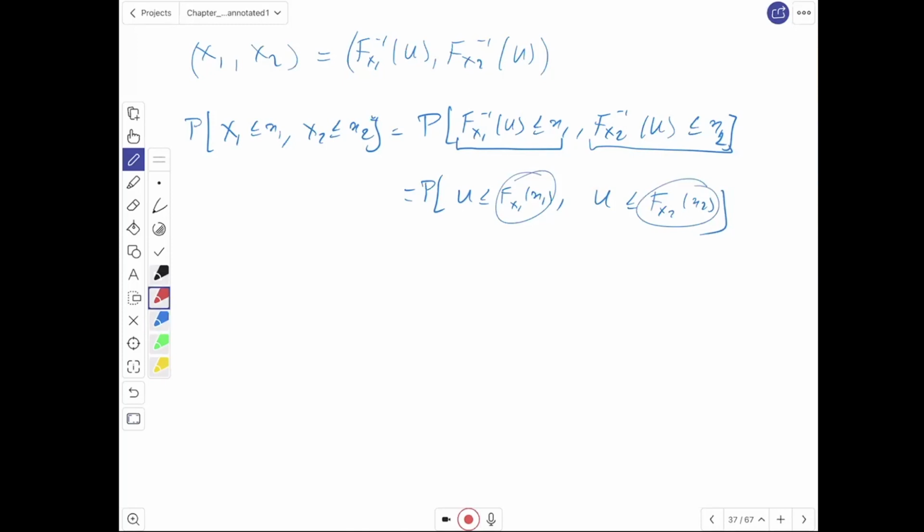And you have a U here and the same U here. So U has to be smaller than something and smaller than something else, so U has to be smaller than whichever is smaller, F_X1(x1) or F_X2(x2).